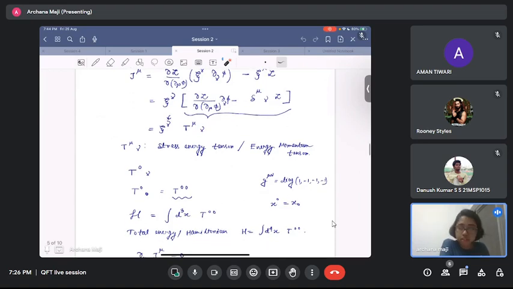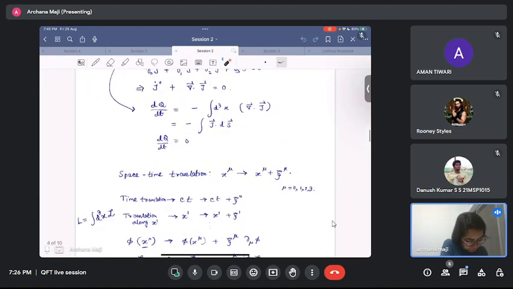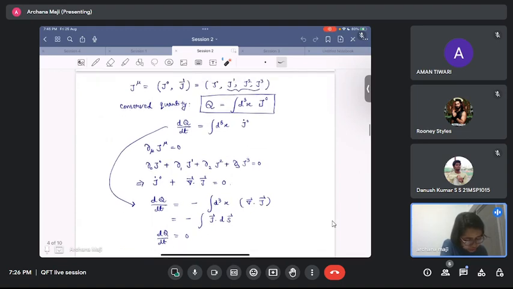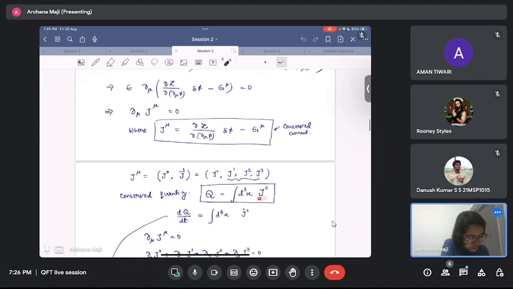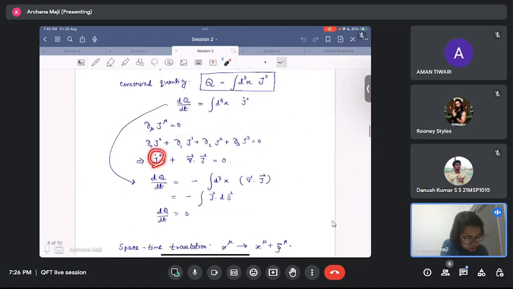When you integrate the 0th component of the current over all space, you get the conserved charge, and that is also explained here. This is the 0th component of the current. When we integrate it over all space, we get a conserved charge, because if we take the time derivative, you get J0 dot, and from this equation, if you replace J0 dot by minus gradient J, that gives you 0.